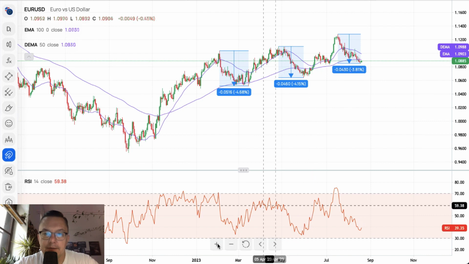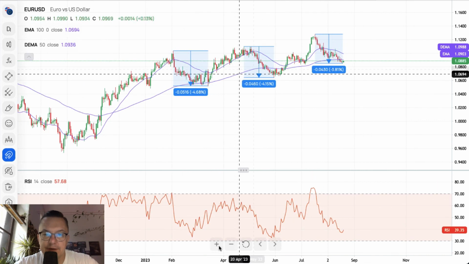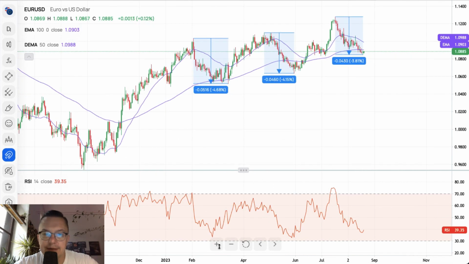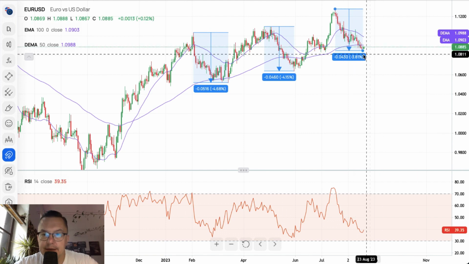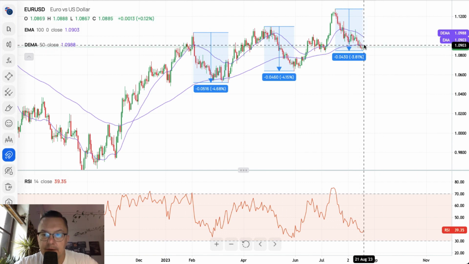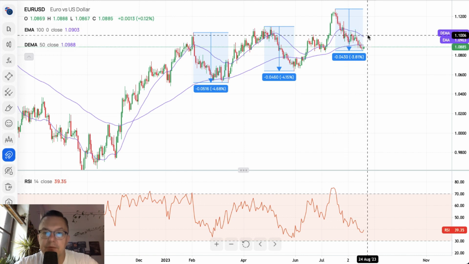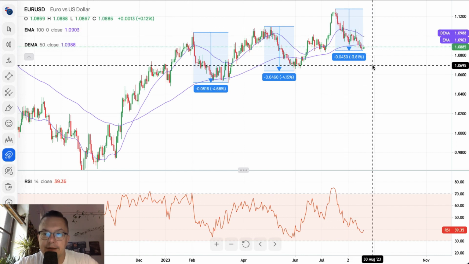Nevertheless, if we just zoom in just a little bit, we can see that basically this market is below 200, sorry, that's 150 periods moving averages. So in that situation, of course, we shouldn't expect any bullish action soon.